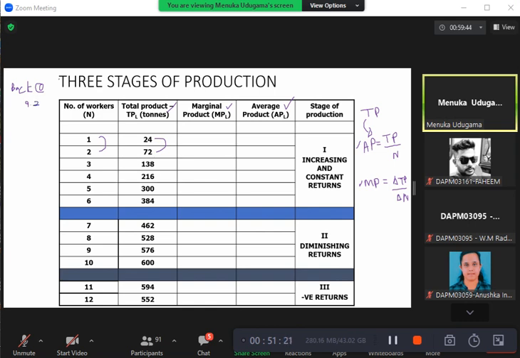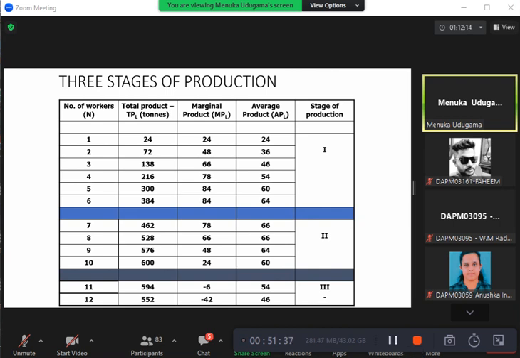Right, so in the meantime, try to fill the 2 columns using average product and marginal product, and then you can take a 5-minute break. Okay? If you find it difficult, or if you want me to explain again, I'm happy to go through the table.